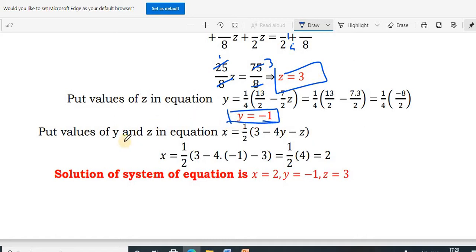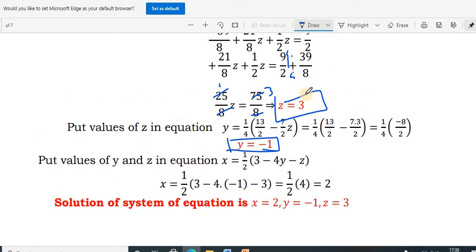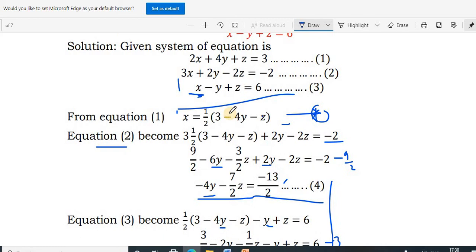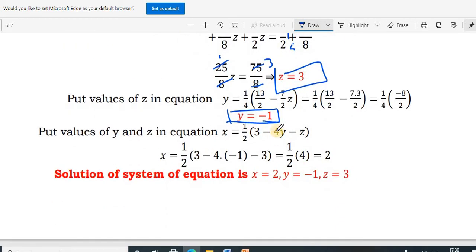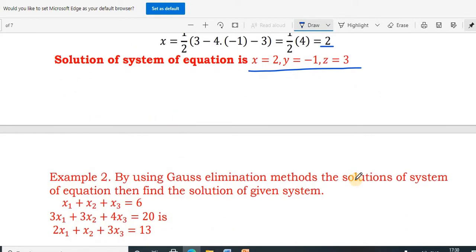Again substitute this value of y and z in equation star. So x is equal to 1 by 2 times 3 minus 4y minus z. So y becomes minus 1, z becomes 3, and simplifying this, we get x is equal to 2. So in this way we get the solution x is equal to 2, y becomes minus 1, z is equal to 3. So this is the Gauss elimination method.